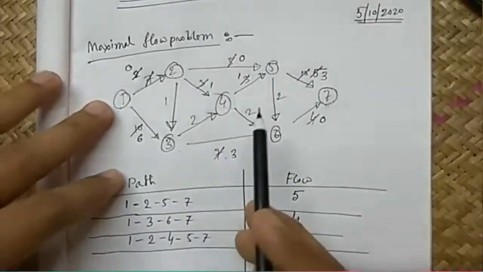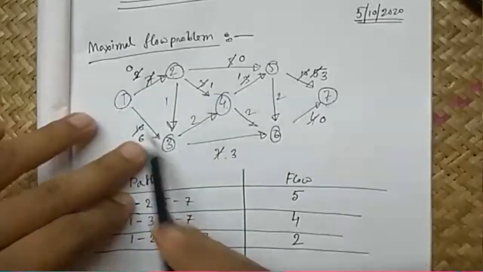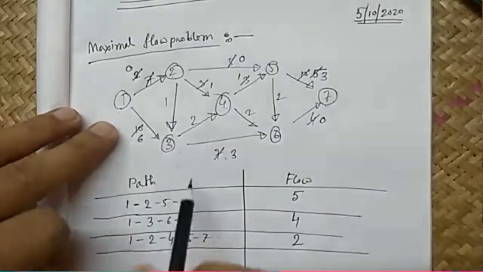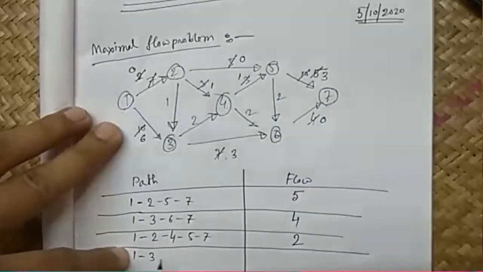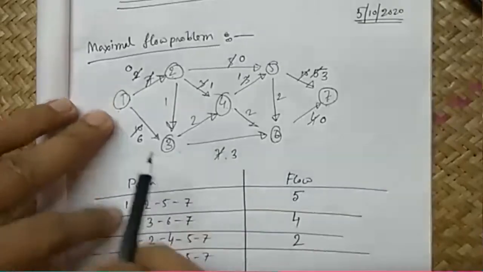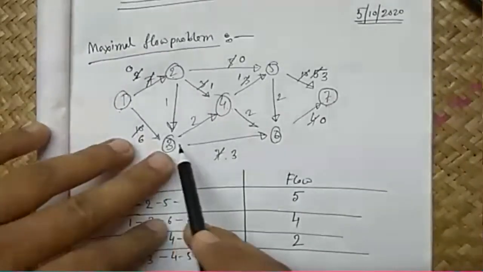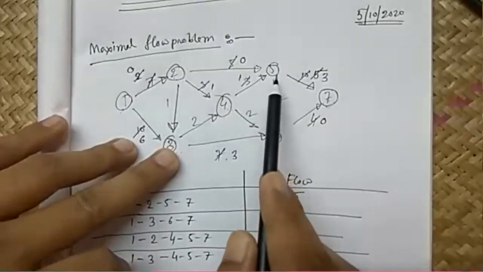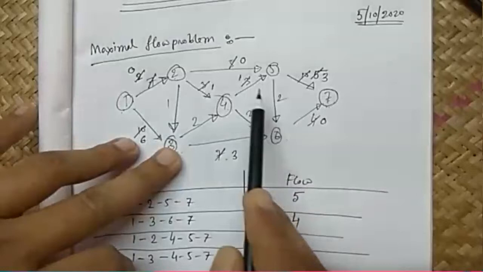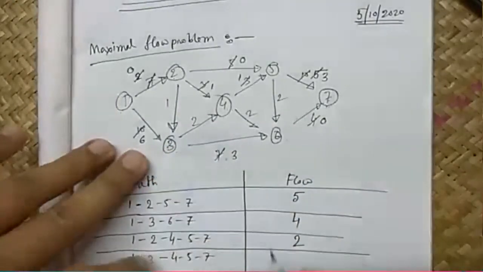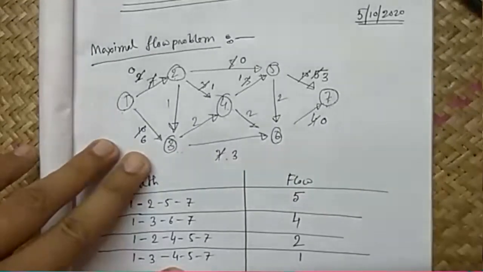We have to select a path which includes 1 3 and 5 7. So the path will be 1 3 4 5 7. Look, 1 3, 3 4, 4 5 and 5 7 have a minimum capacity here of 1.